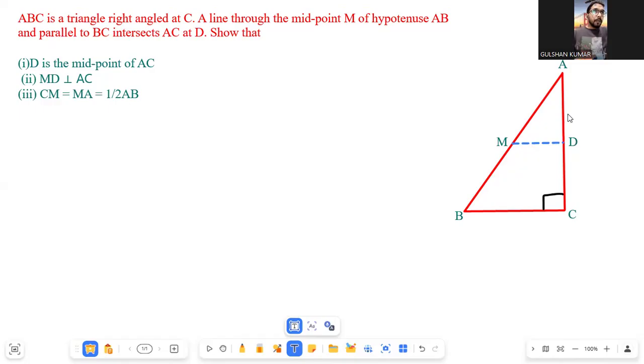AC is intersected at D by the line through M, the midpoint of AB. So now we are starting with the given.